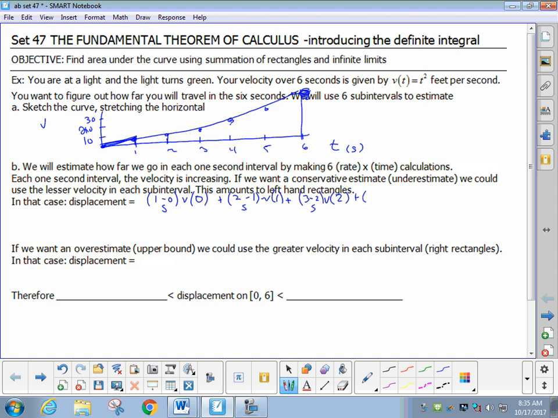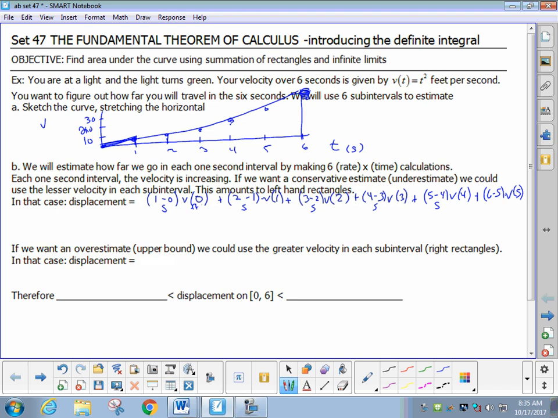From 3 to 4, which would be a 1 second interval, I could use a conservative estimate of the velocity at 3. From 4 to 5, which is a 1 second interval, I could use the velocity at 4. And from 5 to 6, I could use the velocity at 5. Again, then I would get an overall pretty conservative estimate.